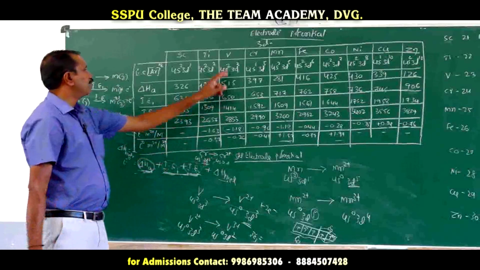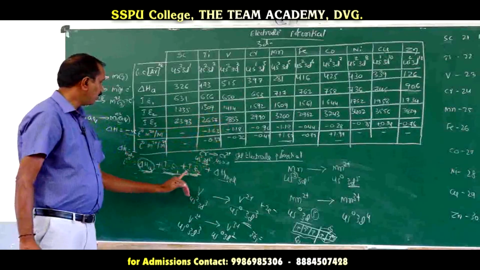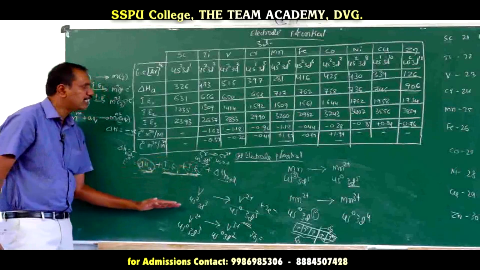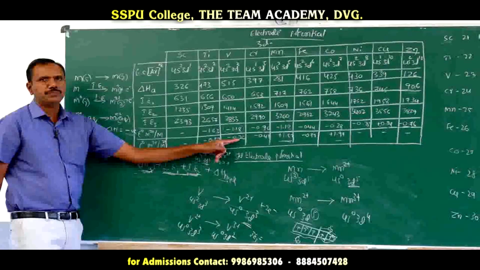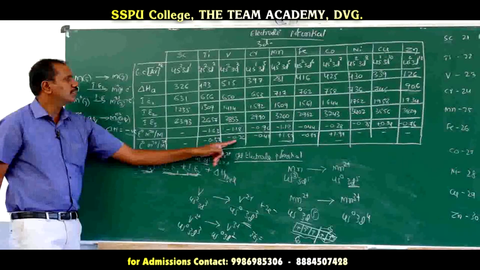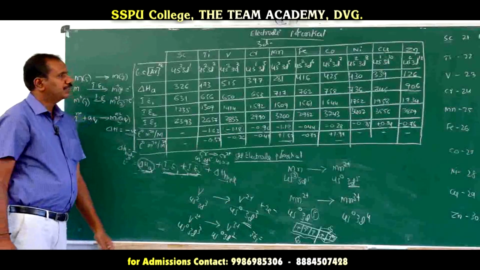The IE3 value for vanadium is high compared to IE2 and IE1. If the IE value is more, the answer becomes less negative or positive. The electrode potential is a less negative value compared to V|V2+. Okay?